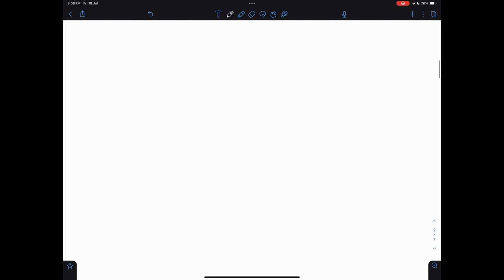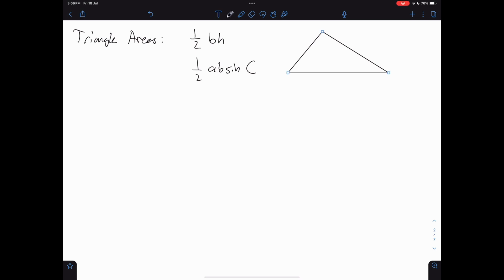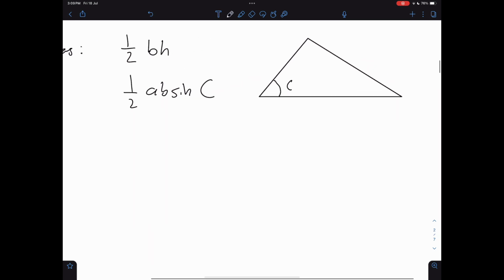Now in questions, those will be the two formulas you will need to use in circular measure. However, in order to solve some of the problems, you may have to use some other formulas that you would have learnt in IG. Most important ones would be your triangle areas, and that can either be half base times height or half AB sine C. And remember, just your example triangle, if this is your C, this will be your lowercase a, your lowercase b, lowercase c, and then this would be your b, this would be your a.